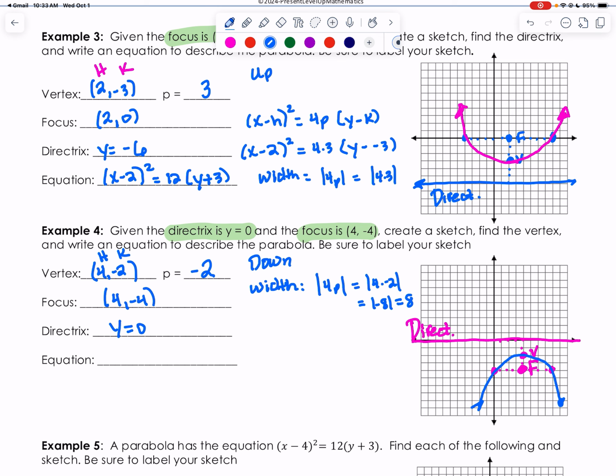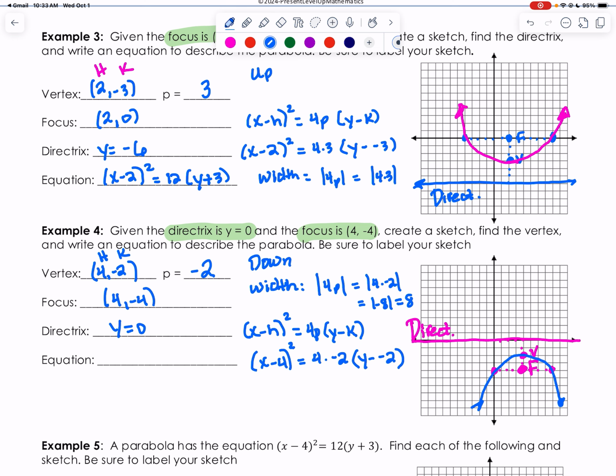Okay. Now the last thing we're going to do is write our equation. So my general form is (x minus h) quantity squared equals 4 times p times (y minus k). So this would be (x minus 4) squared equals 4 times -2 times (y minus k, which is -2).